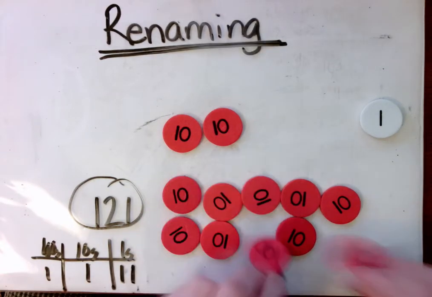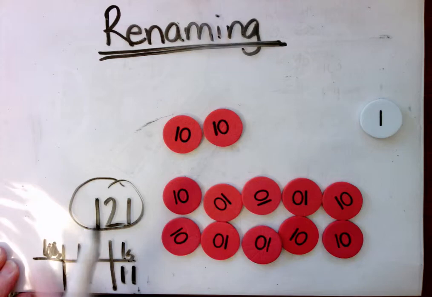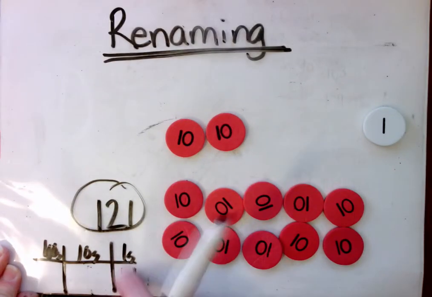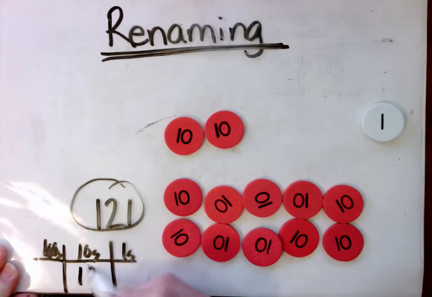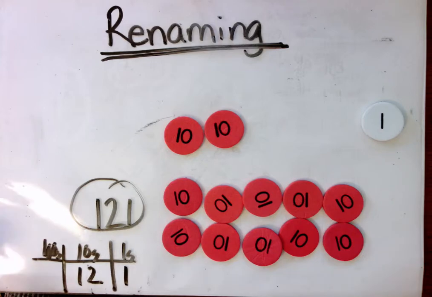In this case, my place value chart would show that I have 0 hundreds, 12 tens, 1 one. I still have the same amount. I've only renamed my number. I did not change its value. It's another name for 121.